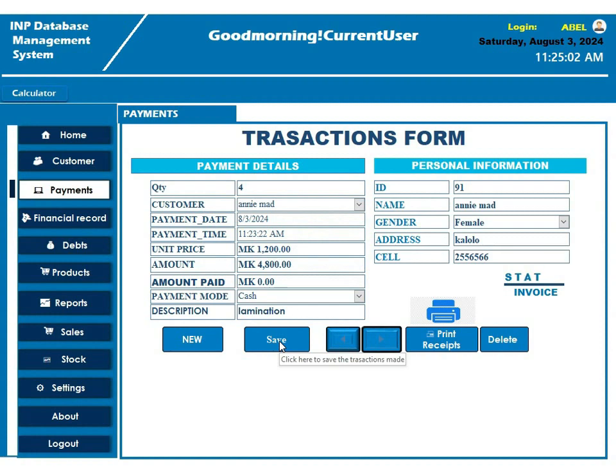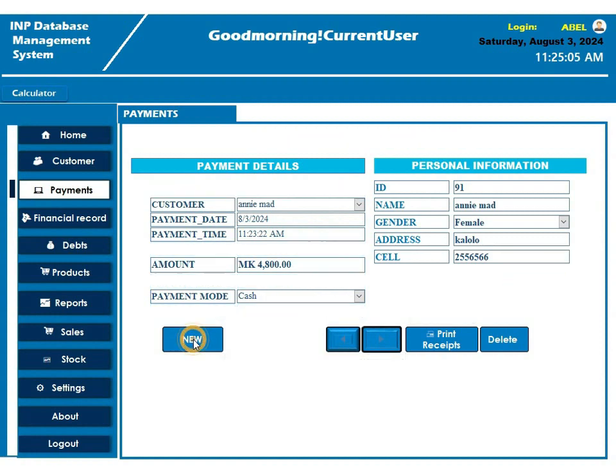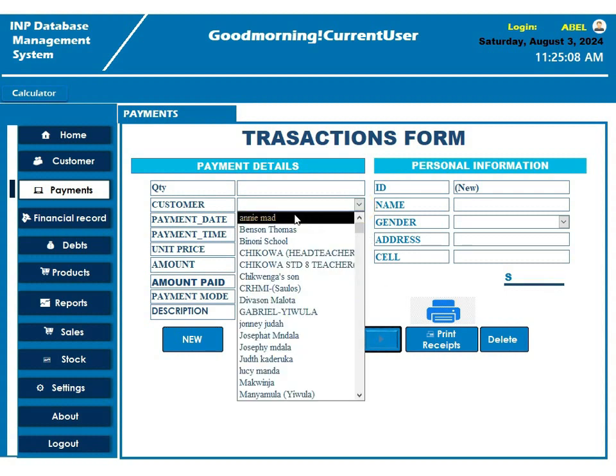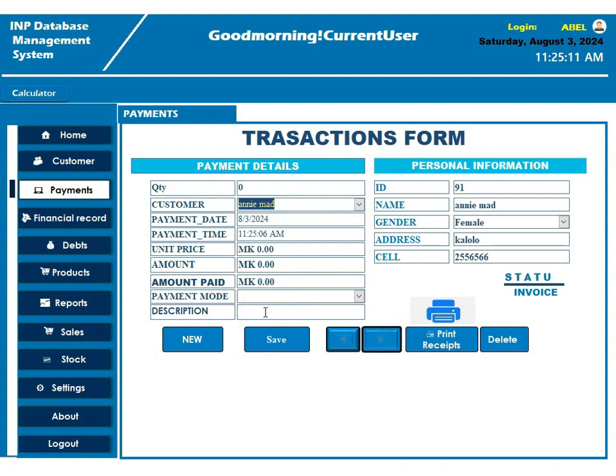You can do more transactions with the same customer. Maybe he has also something like photocopying. You select cash again.